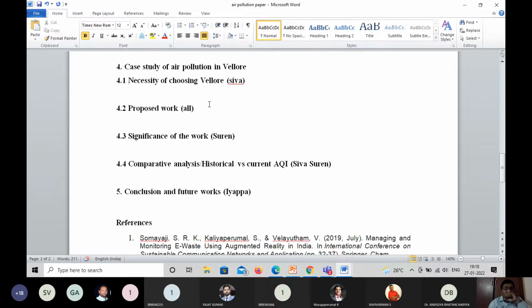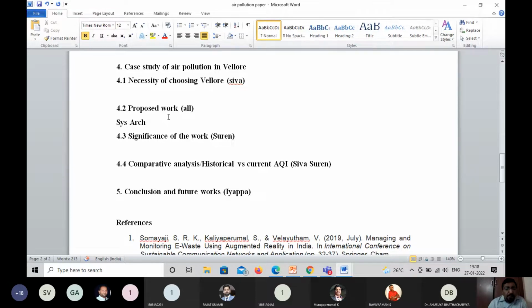And of course, when we are coming to the proposed work, we need to have an architecture here. Maybe let me simply call it my system architecture. This system architecture should be in such a way that it highlights the entire proposed work in a workflow kind of format.